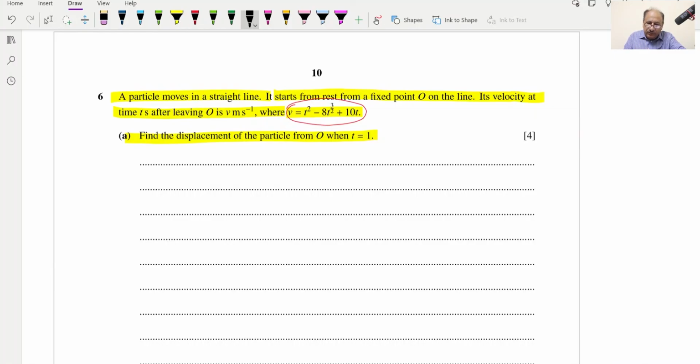So it is given that initially starts from rest, so u will be equal to 0, and when time is t seconds, so this implies time is equal to t seconds, and then v, final velocity, is equal to v.